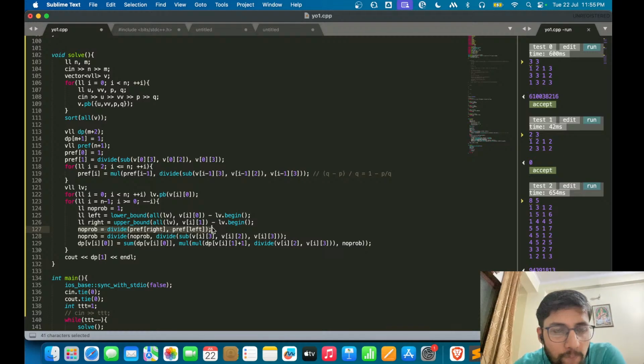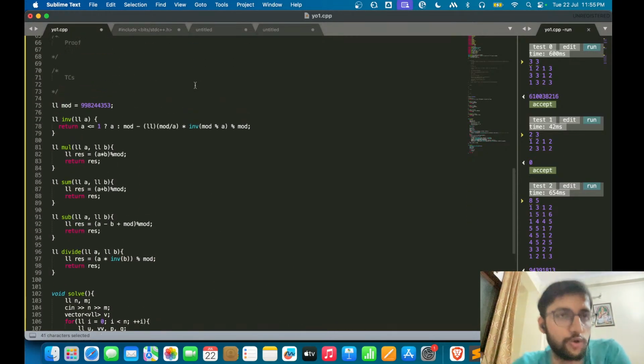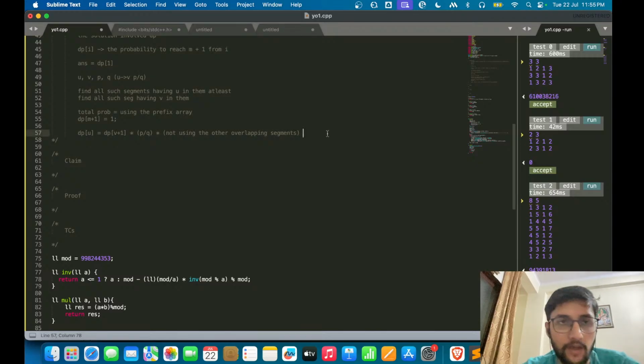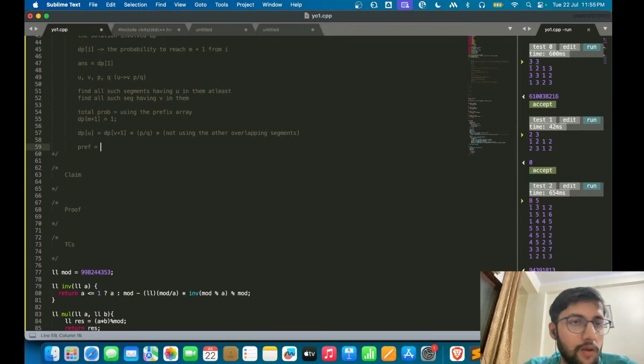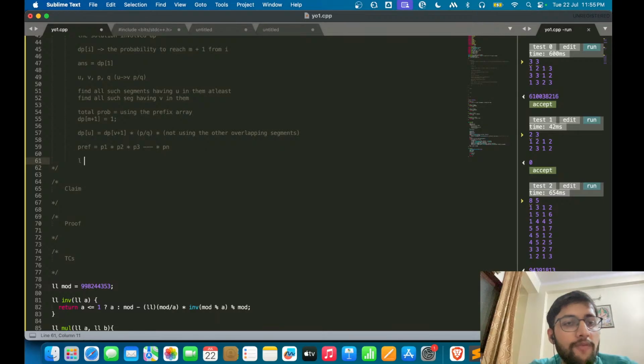Let me again show you what prefix will look like. Prefix looks like this: some probability p1 into p2 into p3, and so on, pn. And so from left to right, it will be p of r divided by p of left minus 1.